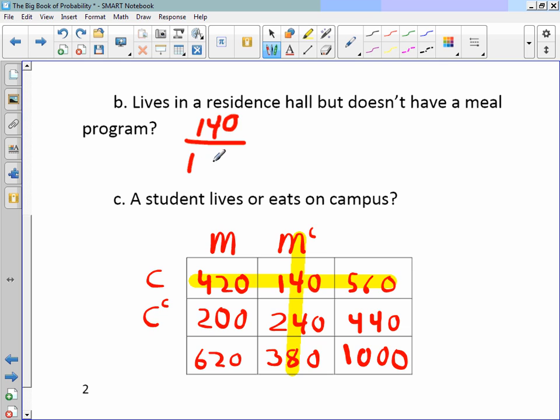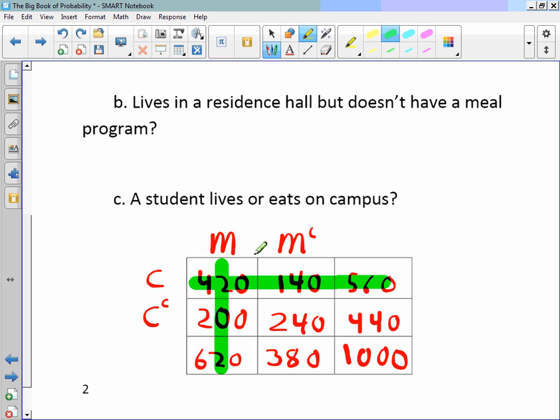Then finally, a student who eats on campus. Sorry, this is taking way longer than I wanted to. A student lives or eats on campus. So they live or eat. All right, now remember this "or" statement. It's not the intersection. So it's meaning both of them.